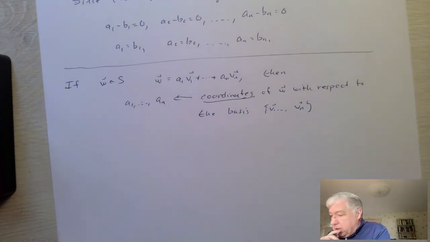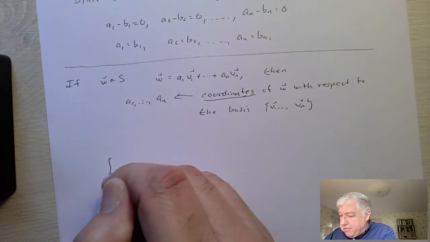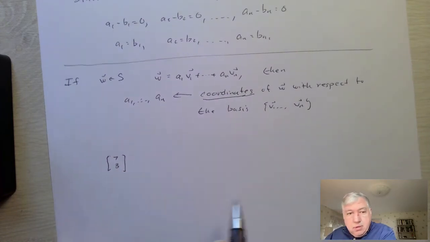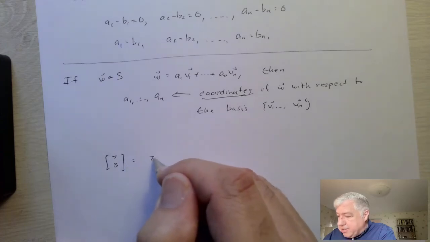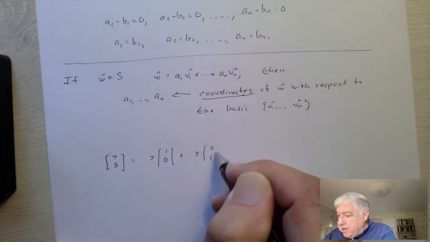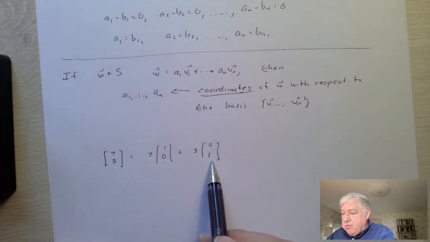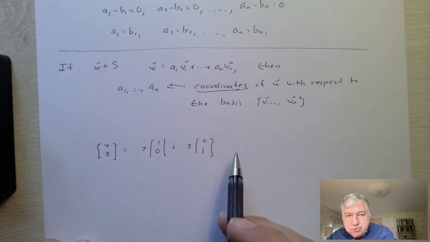For example, in R2, if we take the vector (7, 3), obviously we can write this as 7 times (1, 0) plus 3 times (0, 1). Okay, because (1, 0), (0, 1) is the standard basis for R2.